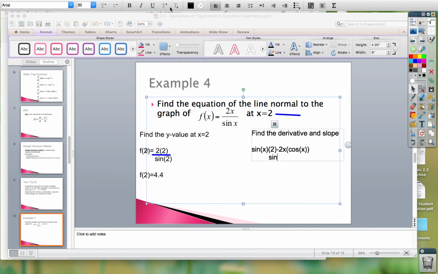So this is going to become sine squared x. We simplify the top, we get 2 sine of x minus 2x cosine of x, divided by sine squared of x. And now we found the first derivative.